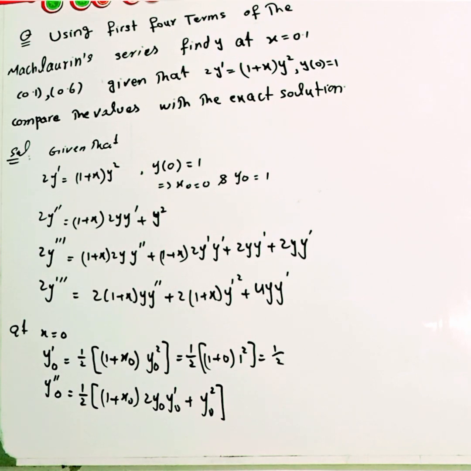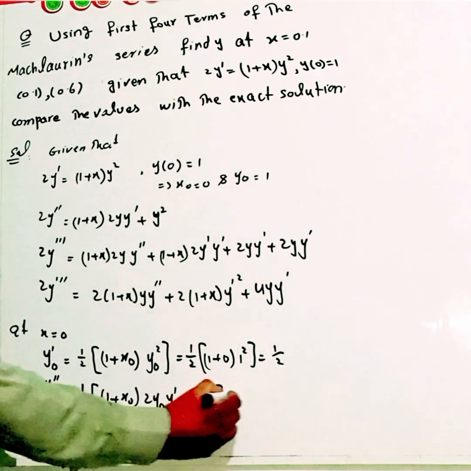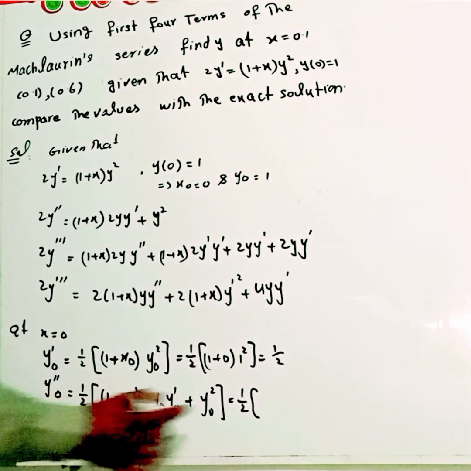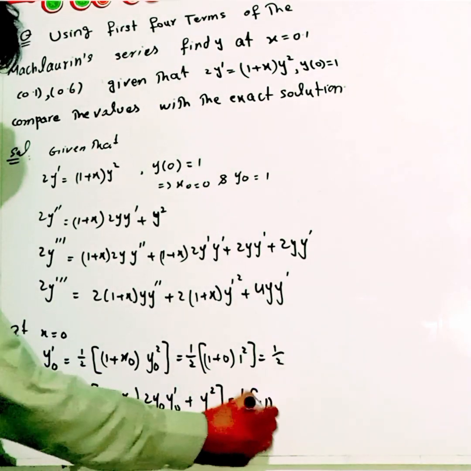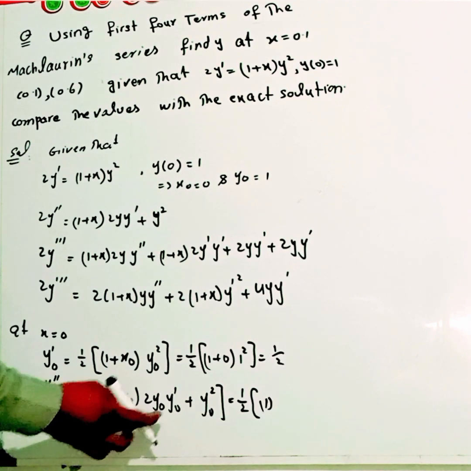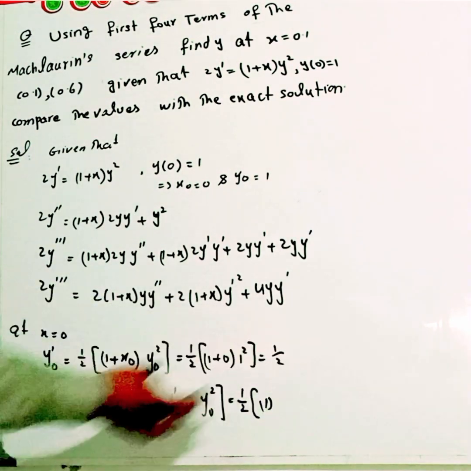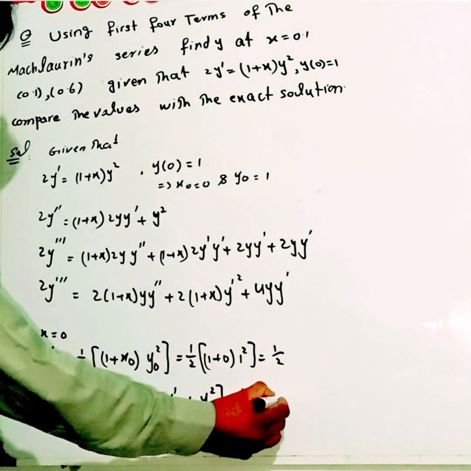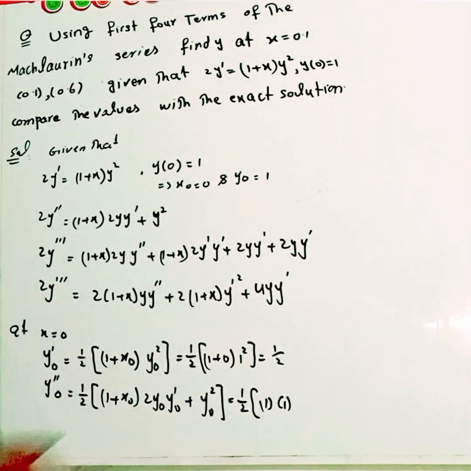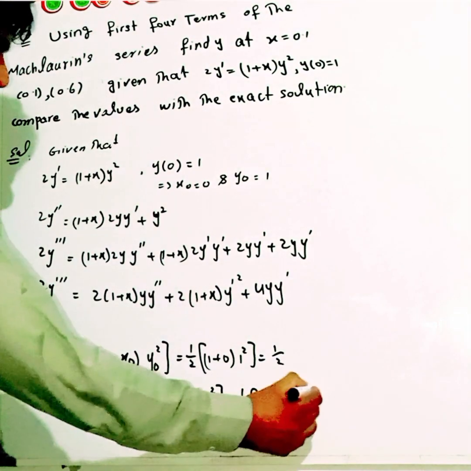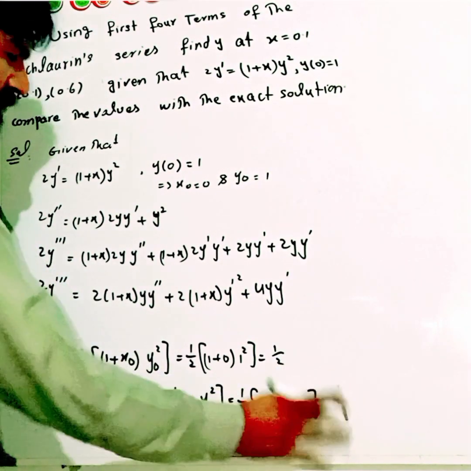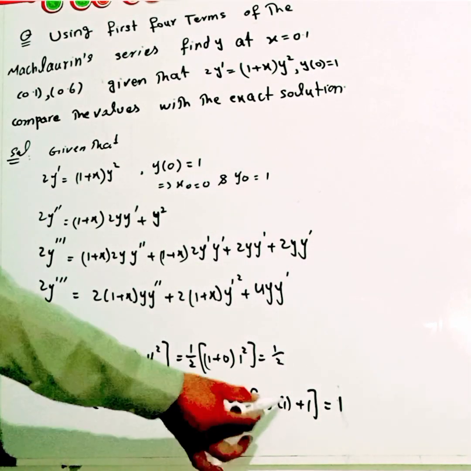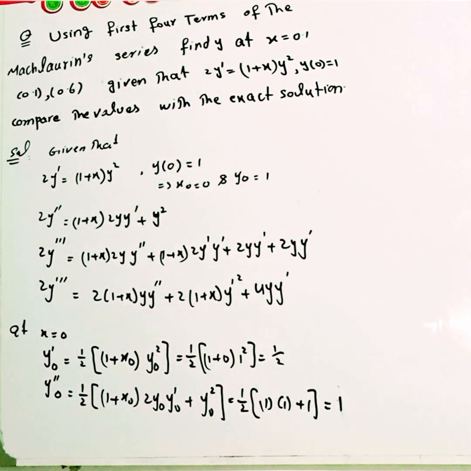Putting the values, we obtain 1 by 2 into [(1 plus 0) equal to 1, 2 y naught is equal to 2 and y prime naught is equal to 1 by 2, 2 multiplied by 1 multiplied by 1 by 2 is equal to 1, and y naught square is 1, 1 plus 1 equal to 2], and 2 multiplied by 1 by 2 is equal to 1.